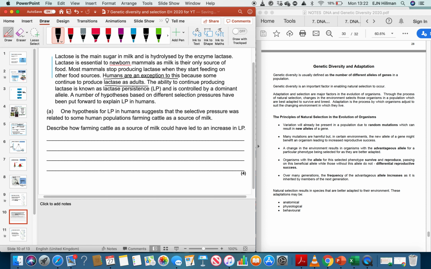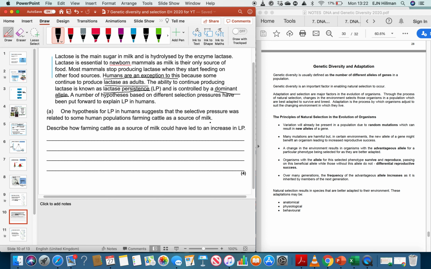The ability to do that is known as lactase persistence and is controlled by a dominant allele. A number of hypotheses based on different selection pressures have been put forward to explain lactase persistence in humans. One hypothesis for lactase persistence in humans suggests that the selective pressure was related to some human populations farming cattle as a source of milk.